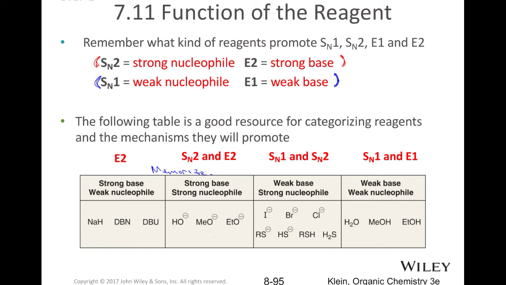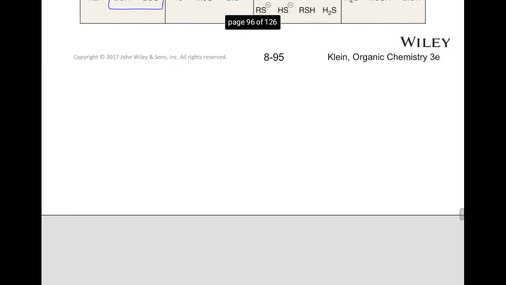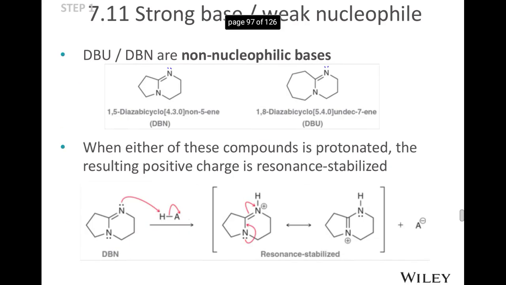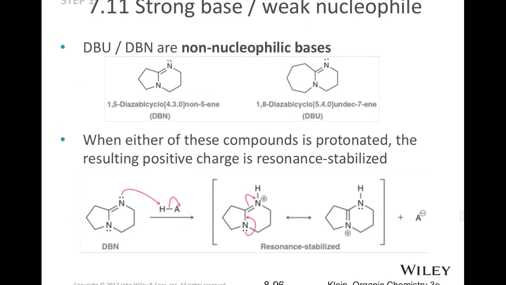We've covered most of these up till this point in the class, but there are a couple of compounds here, some new acronyms that I want to cover. They are DBN and DBU, both of which are strong bases, but they're weak nucleophiles. The reason that DBU and DBN are weak nucleophiles is because they are so hindered that they can't attack an electrophilic center. Here are the structures of DBU and DBN.